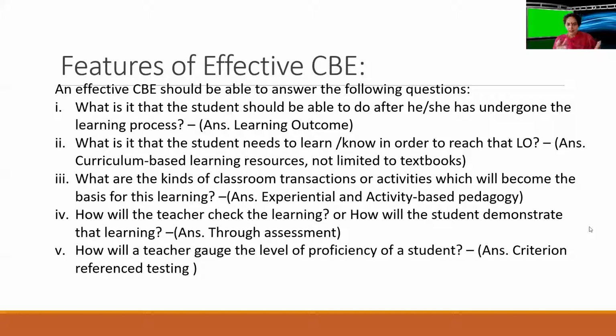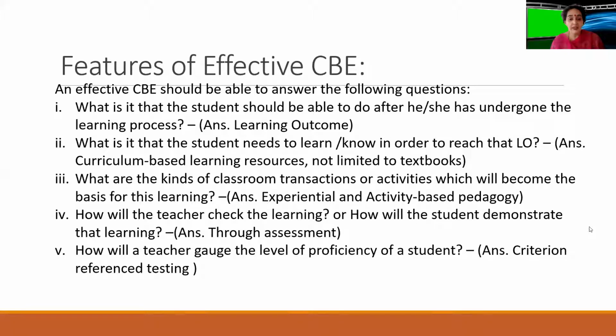Answer: the learning outcome. What is it that the student needs to learn or know in order to reach the learning outcome? Curriculum-based learning resources, not limited to the textbook, so the teachers are expected to go beyond the book.